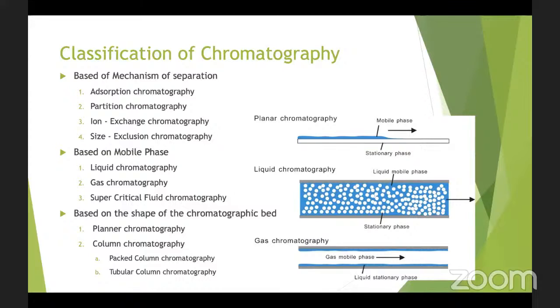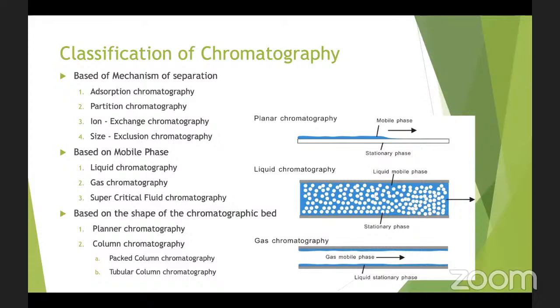Column chromatography can further be divided into two types: packed column chromatography, as in HPLC or affinity chromatography, and tubular column chromatography, which has a tube-like structure with coiled or non-coiled columns.